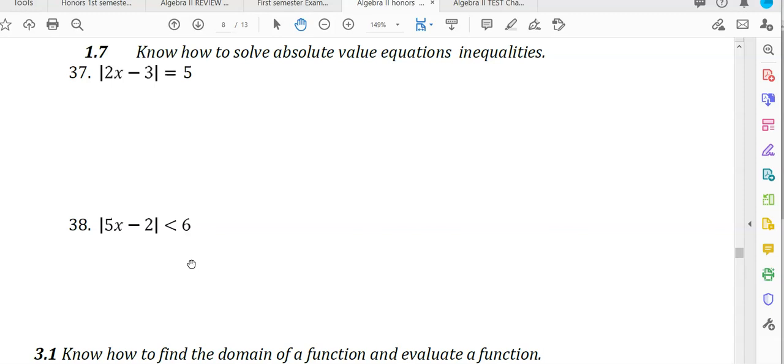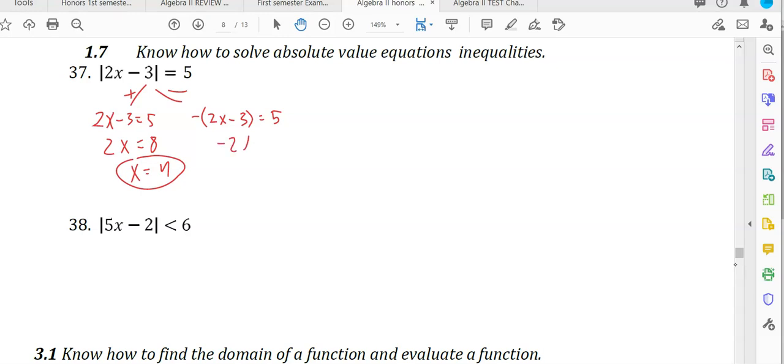Absolute value inequalities. So we're going to split this up into 2 cases, the positive and negative case here. So we get 2x minus 3 equals 5. For the negative case, 2x minus 3 equals -5. So we're going to distribute that to solve that. You get 2x equals 8, x equals 4.